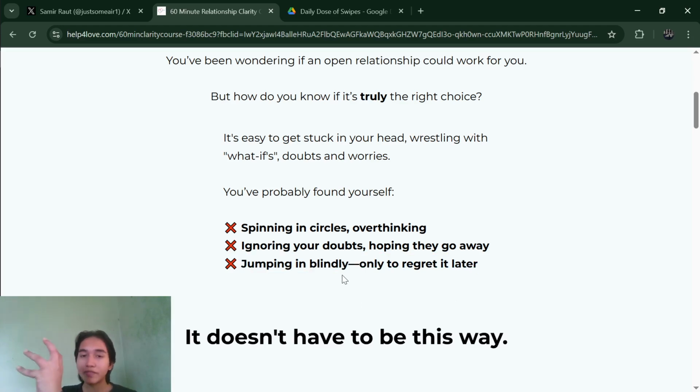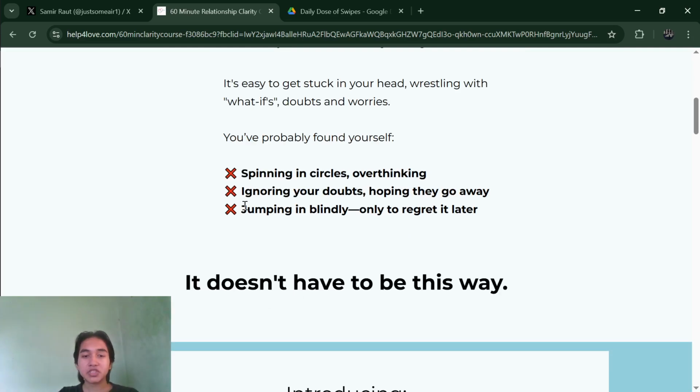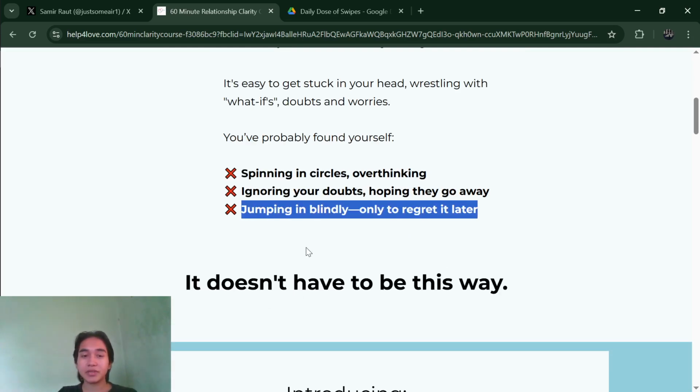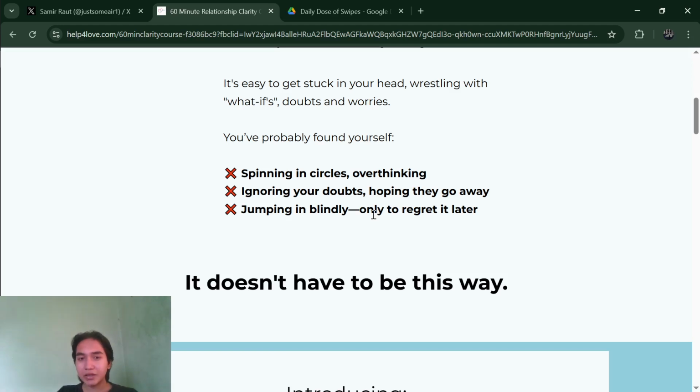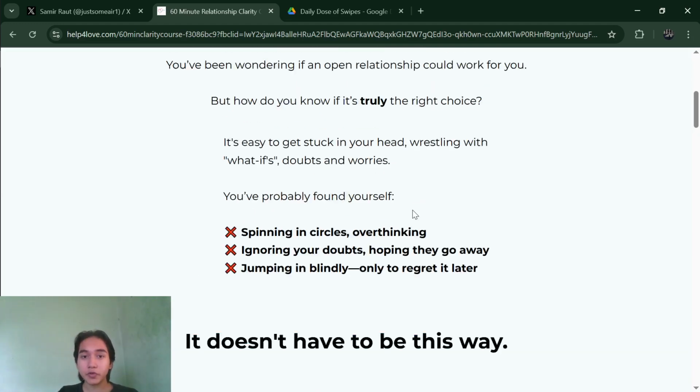It's trying to say one thing, but it also has some depth to it. I don't know how else to explain that, if that makes any sense. But jumping in blindly, committing blindly to an unqualified person or something along the lines, right? Only to regret it later because he or she is not compatible for you.